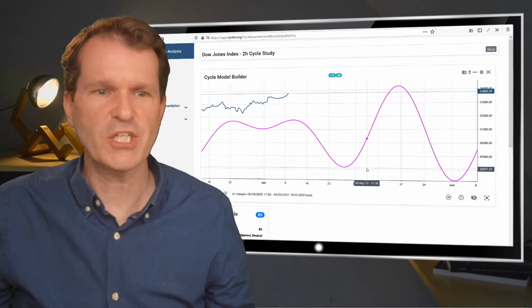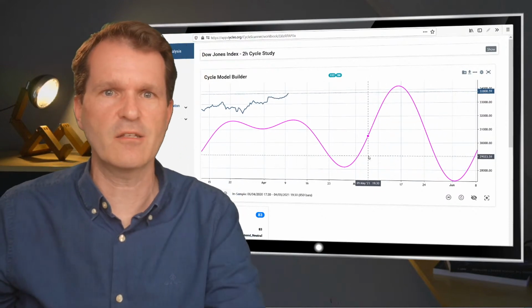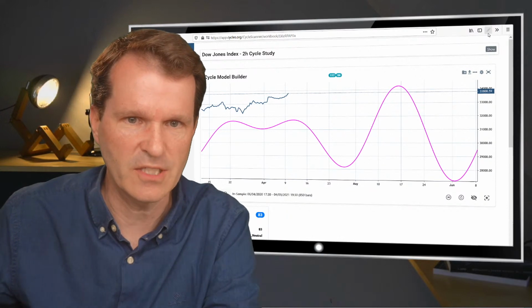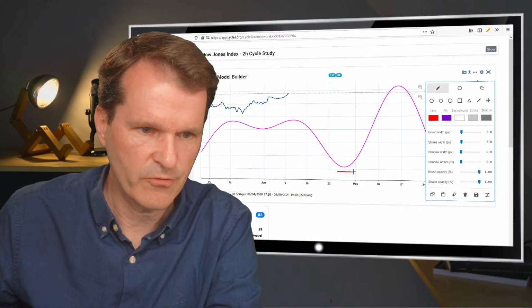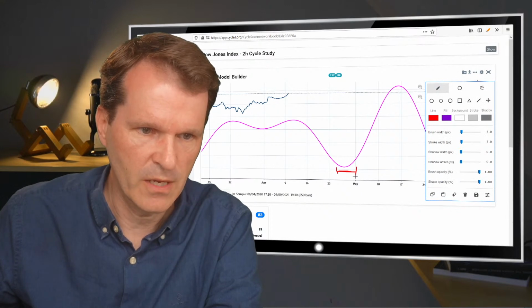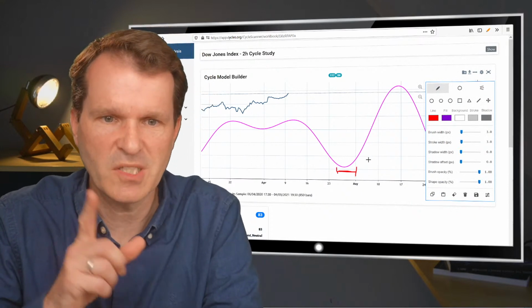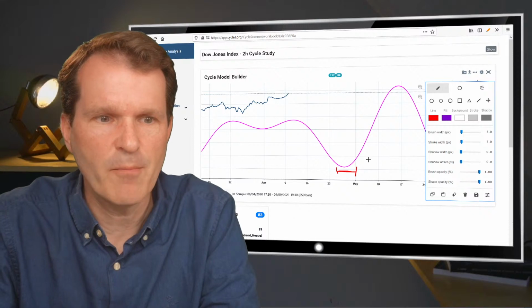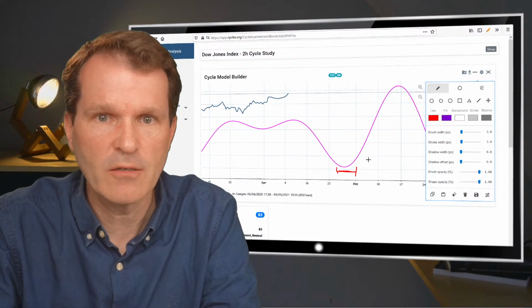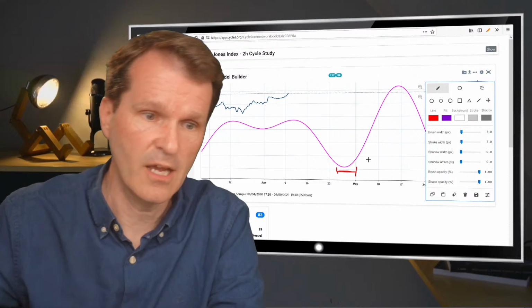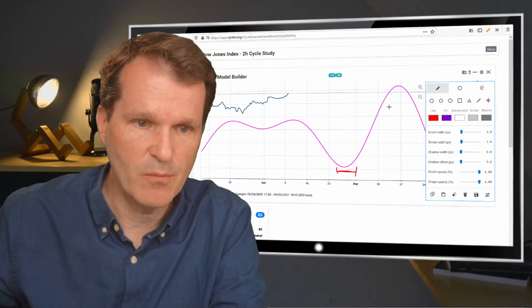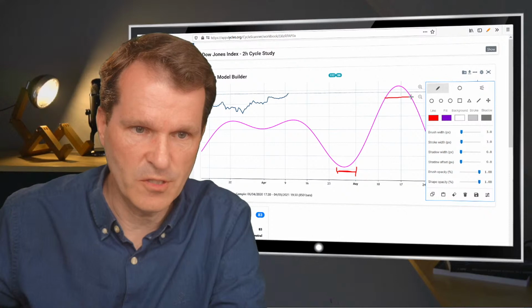So the question is, how do we read this analysis? This is the point I wanted to make here: the reading is that from this period here, this is where we would expect from a timing perspective the next upswing to start in the Dow Jones 2-hour data set, which might then move into this period here.